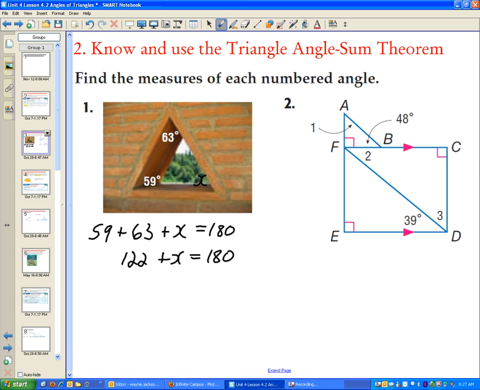So whether you're actually writing it down, and I do encourage you to do this in your head. Calculator if you have to, but I encourage you to do this in your head. Okay? So whether you've got it written down, whether you've got it on your calculator, or whether you've got it in your head, isn't the next step to subtract 122 from 180? Because that way you'll know what that missing measure is. Well, what is 180 minus 122? And so the measure of the missing angle is 58.